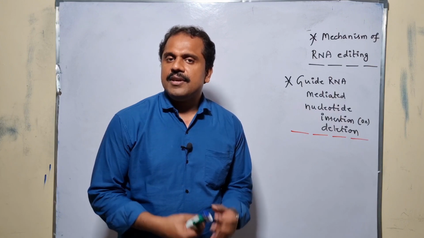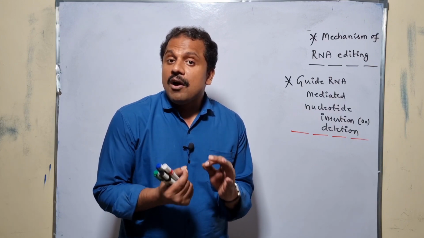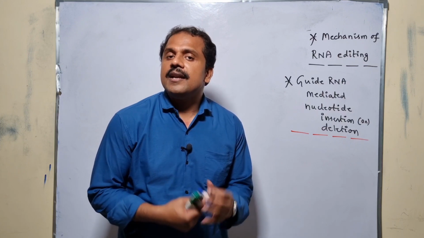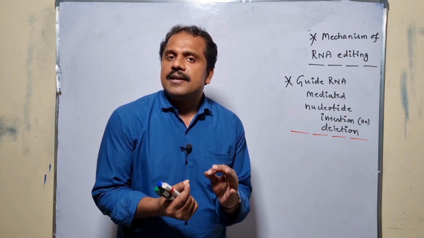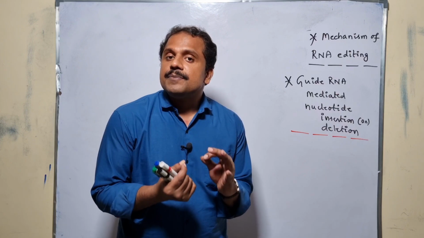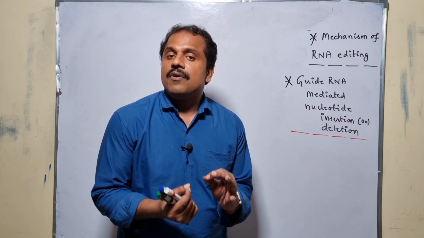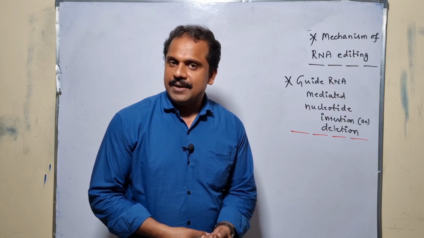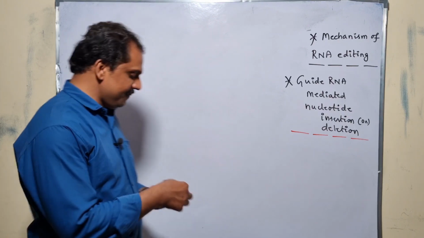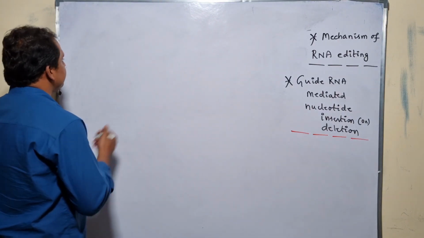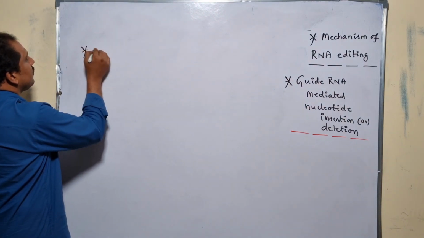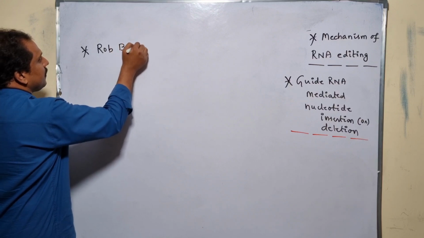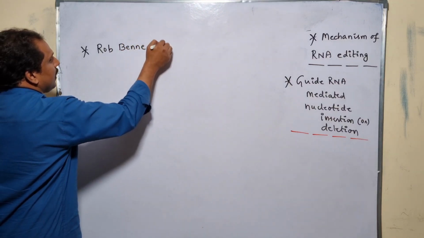Is it clear? So here for the very first time Rob Benne and his colleagues identified the guide RNA mediated nucleotide insertion or deletion in a specific protozoan, which is nothing but Trypanosoma brucei. Is it clear? So let me write it on the board. Who is he? Rob Benne and colleagues.